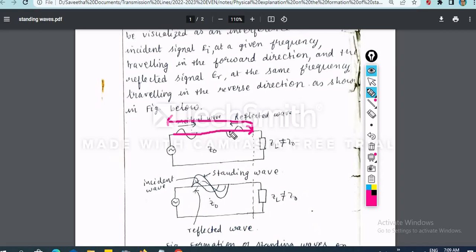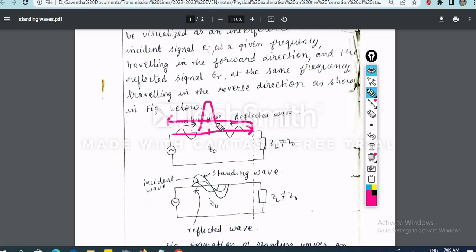So obviously the incident wave and the reflected wave will superimpose on each other, and there will be interference between the two waves. Now at any particular point on the transmission line where the two waves are in phase, there the resultant amplitude will increase. For voltage, the same thing is applicable for current.